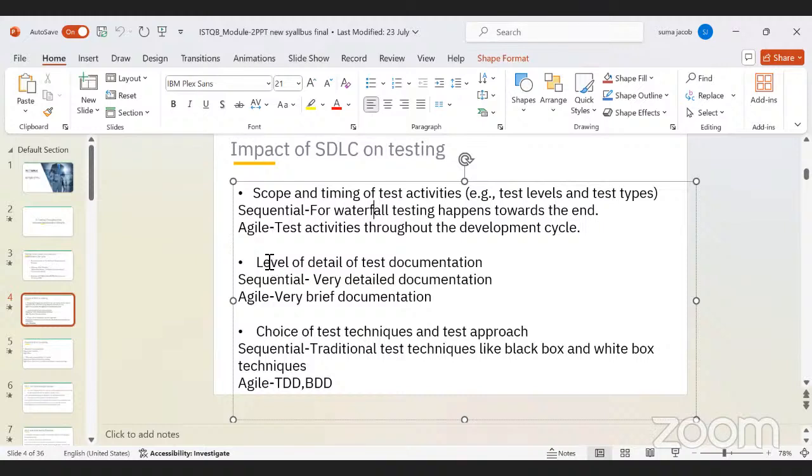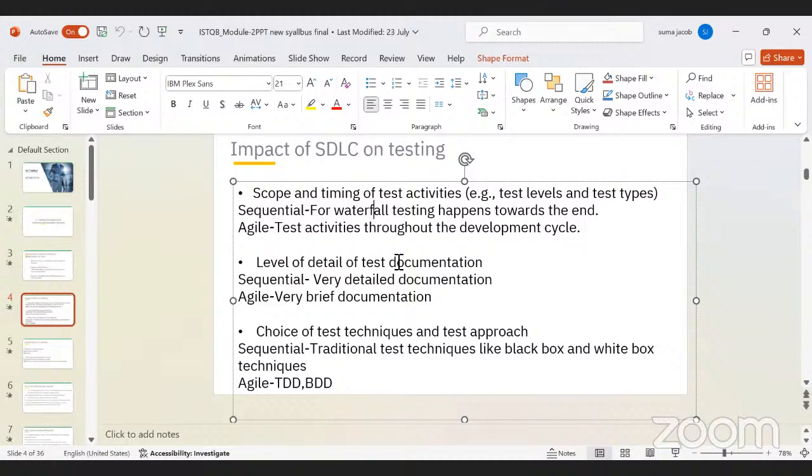So the testing activities are integrated throughout the development cycle in Agile. Next is level of detail of test documentation. In any of the sequential models, we know that the documentation is very detailed. We will have to prepare comprehensive and very detailed test documentation, like extensive test plans, test cases, test scripts, which align with the predefined requirements and design specifications.